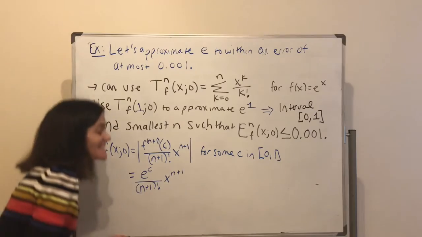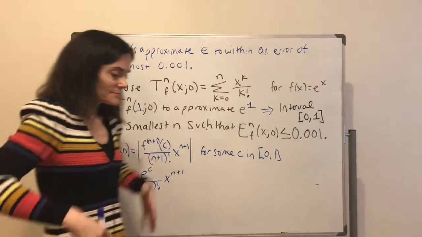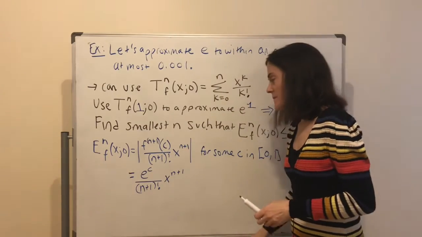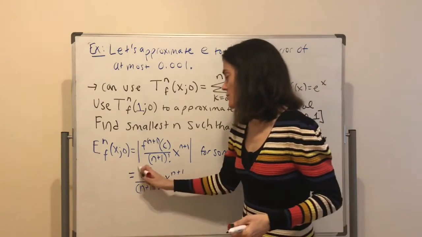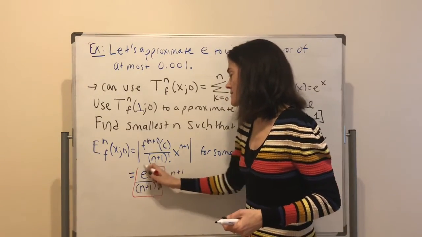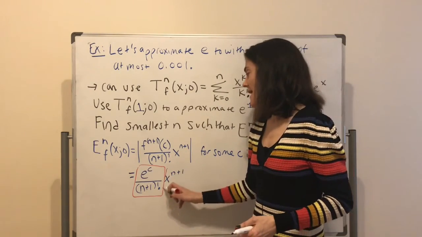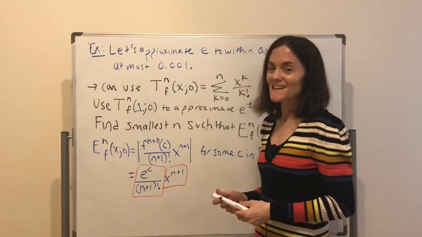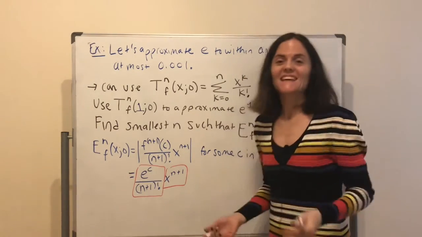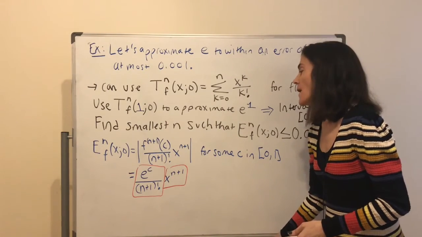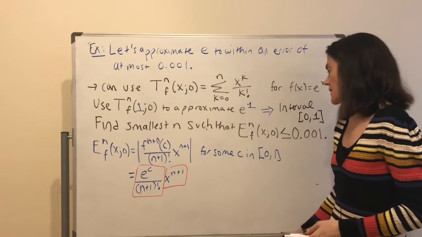Then just like in all of the problems we do with error, we have two things. We have this, we want to find an upper bound, and we have this, we want to find an upper bound independently over the interval 0 to 1. Well, what can we use here?